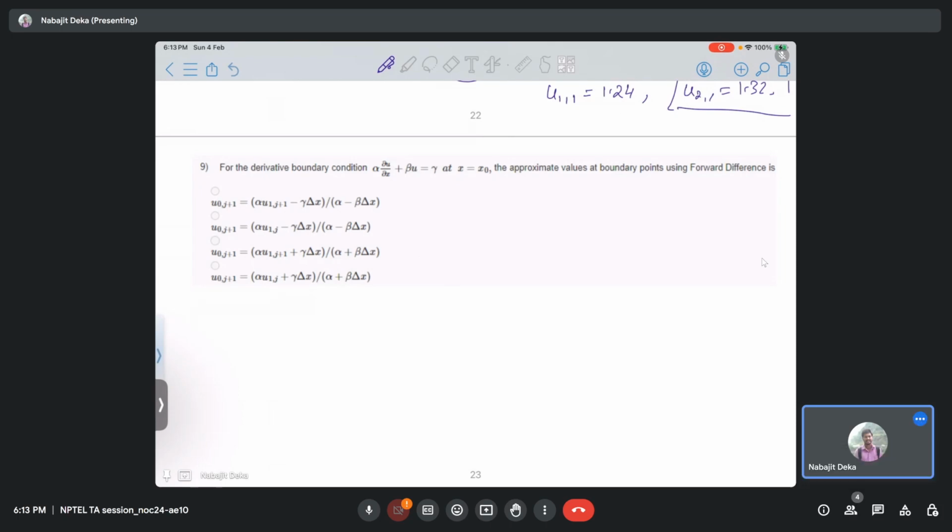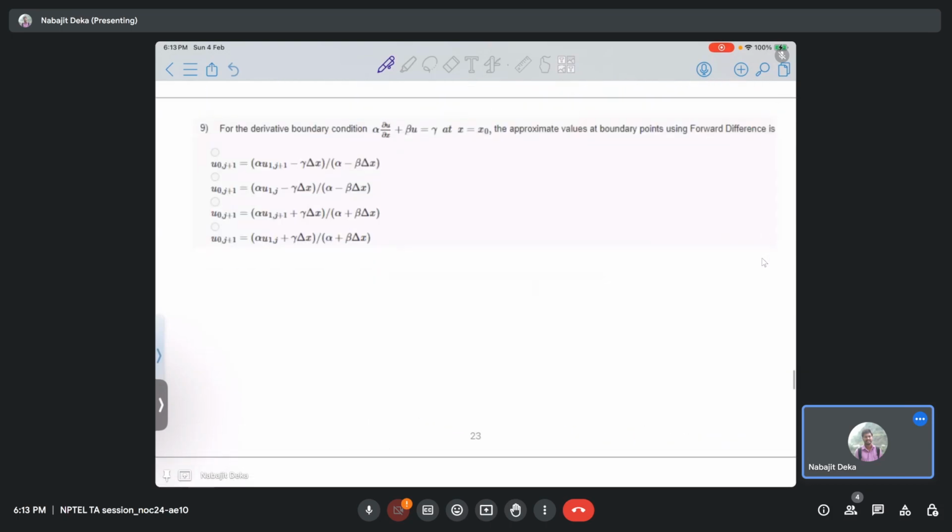So question number 9, for a derivative boundary conditions. These derivative boundary conditions are covered in lecture 10 probably. Where we saw Dirichlet boundary condition, Neumann boundary condition, if the boundary condition itself is given in the derivative form, how do we discretize it to solve the problem?